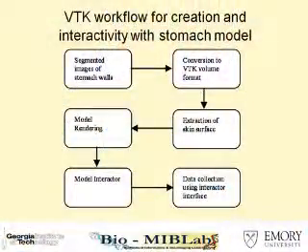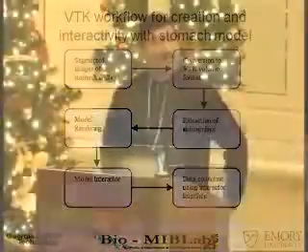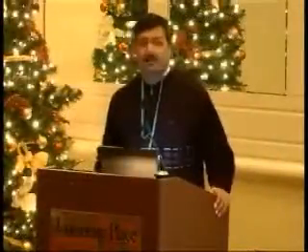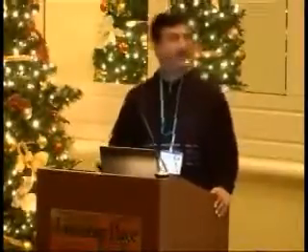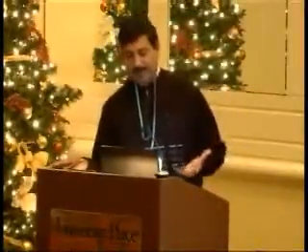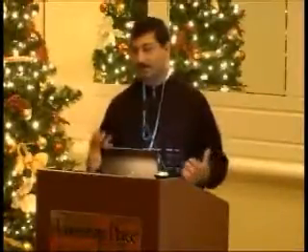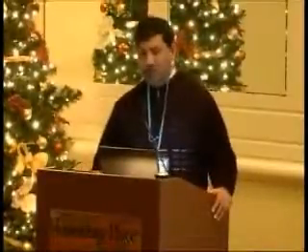To create the data model, we used VTK, the Visualization Toolkit. The steps generally involved: first, we had to segment the data and then convert this sequence into a data format or volume readable by VTK. Then standard volume rendering techniques were used to extract the skin surfaces and render them.